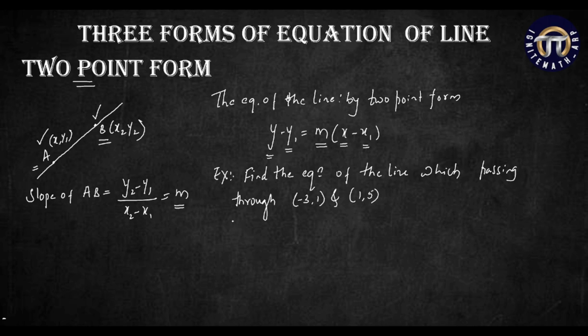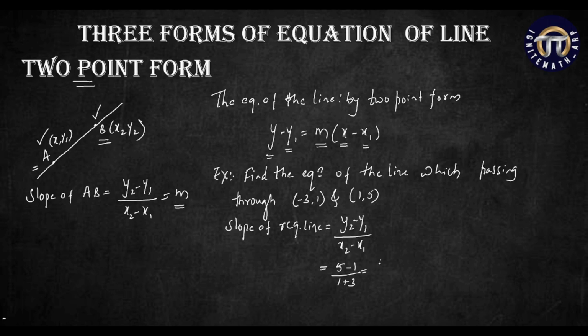So now I'll find out the slope of the line. First of all, slope of required line is equal to y2 minus y1 by x2 minus x1. So I can find it out like 5 minus 1 by 1 minus of minus 3, that is plus 3.